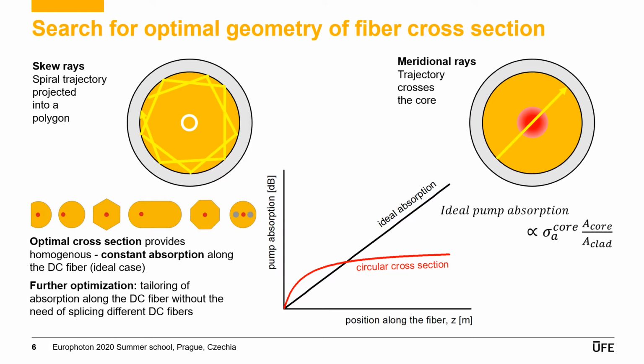To eliminate skew rays, fibers with irregular shape of fiber cladding were developed. In the first optimization step, we look for such a cross-section that provides absorption proportional to fiber length. So, in the ideal case, pump absorption is given by the ratio of core area and cladding area, and it is proportional to the absorption cross-section in the core.